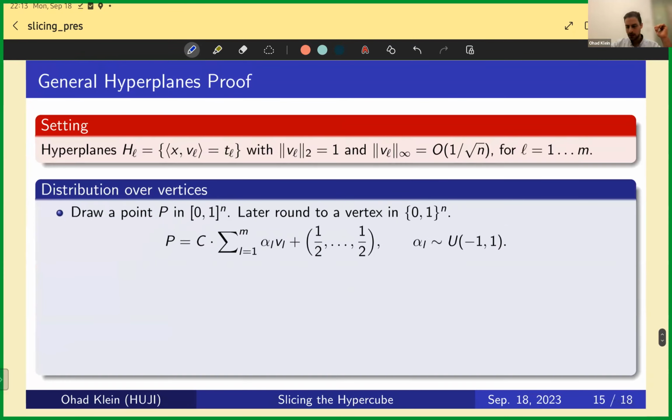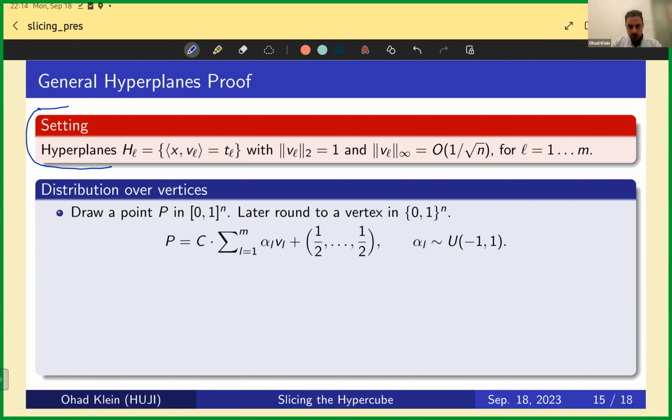And now we present the distribution over vertices that we use in order to evade the hyperplanes. So we have all the setting summarized in here.